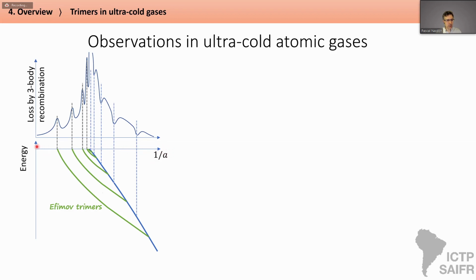So generally speaking, as we come close to the unitary point where the scattering is large, there will be a strong enhancement of these losses by recombination. And the reason is because as we increase the scattering length, we increase the probability for two particles to be together.